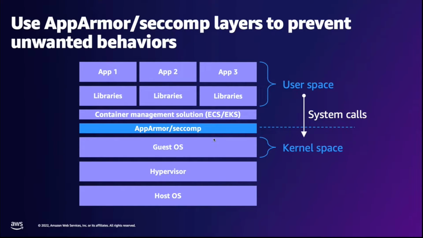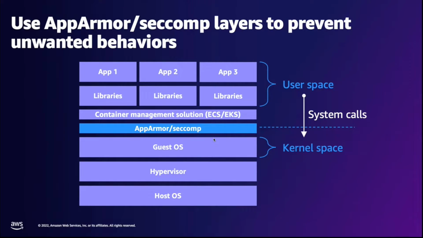For those of you who are not familiar, AppArmor is basically a security module that protects an operating system and its applications from security threats. In other words, it prevents an application from accessing files it should not access.